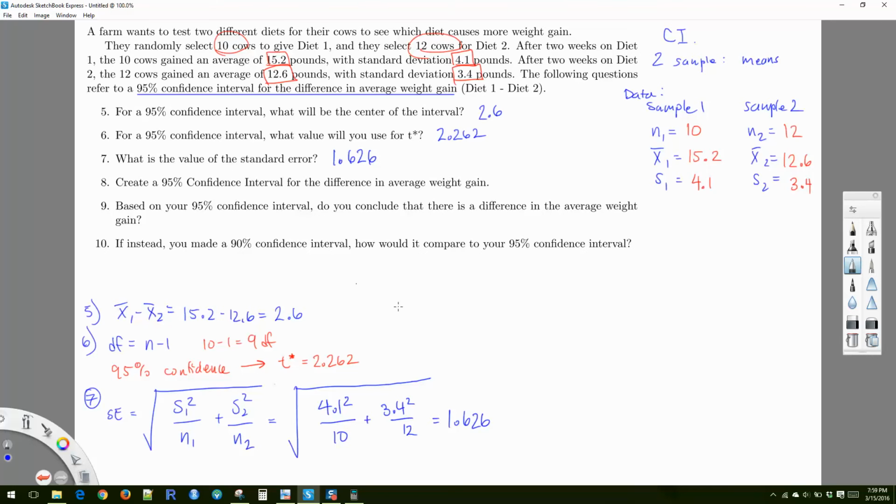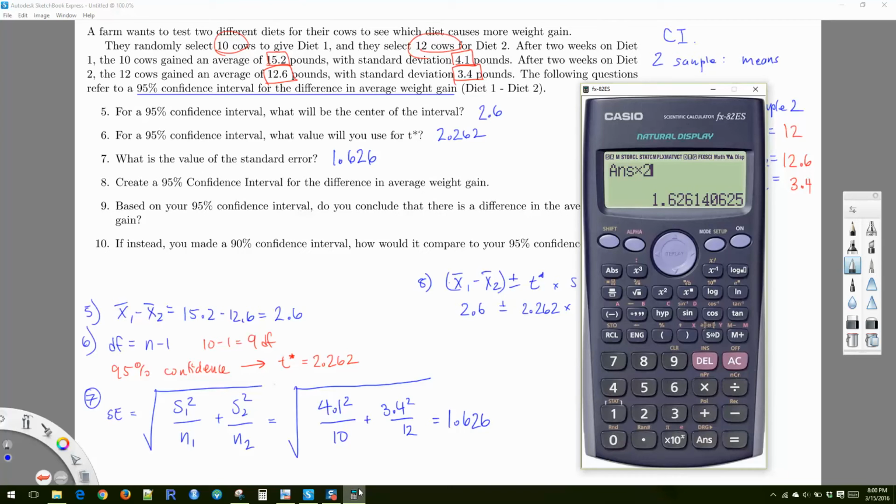Okay, create a 95% confidence interval for the difference in the average weight gain. So this is x bar 1 minus x bar 2 plus or minus t star times our standard error. So I have 2.6 plus or minus 2.262 times 1.626. Okay, so 2 times 2.262, got 3.678.